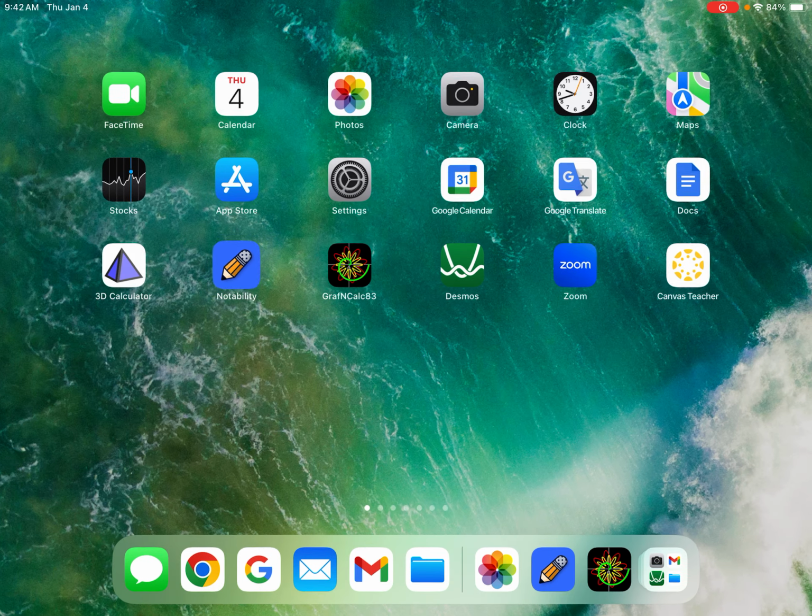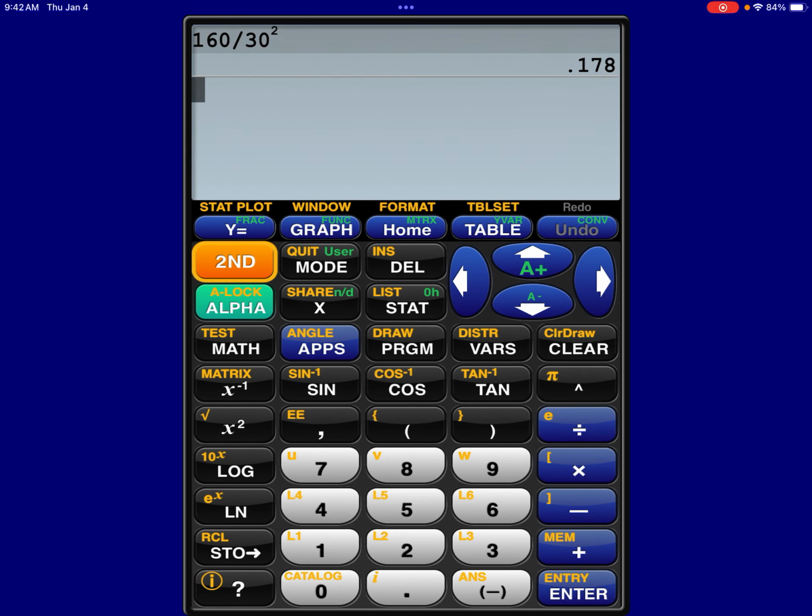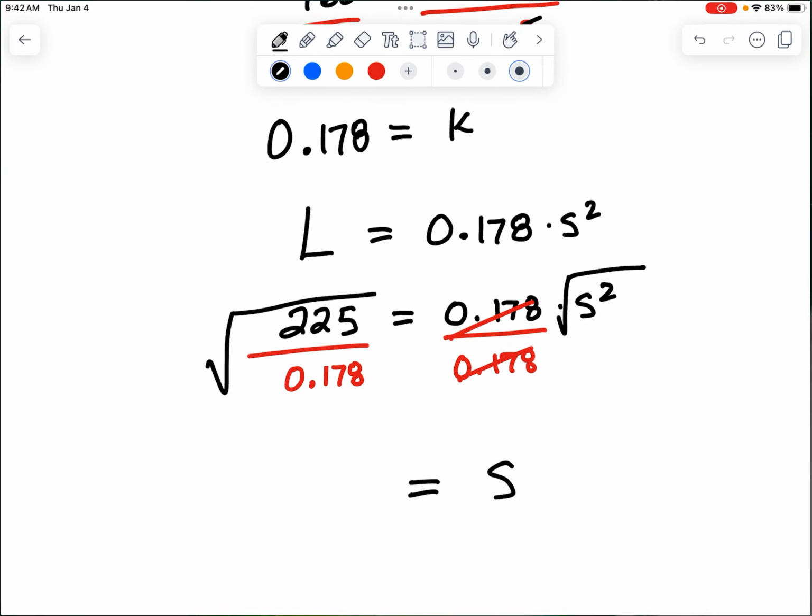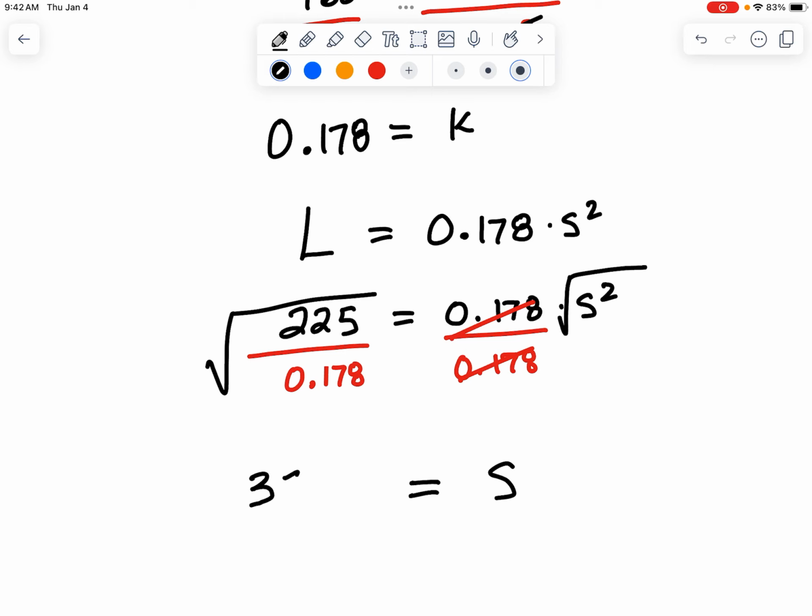And for that, I think I'll use a calculator. So what is the square root of 225 divided by 0.178? And everything's inside the square root. So that means that they were going 35.553 miles per hour.